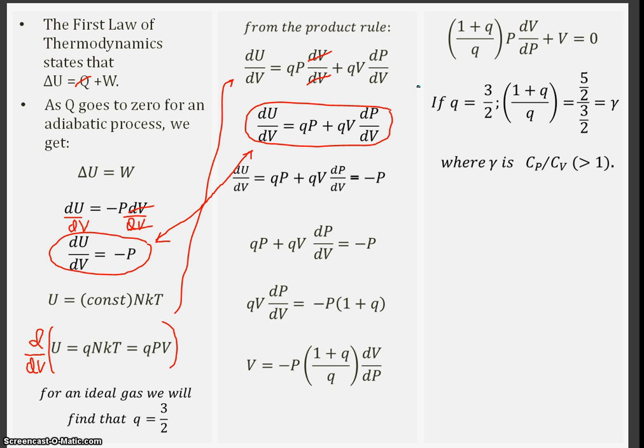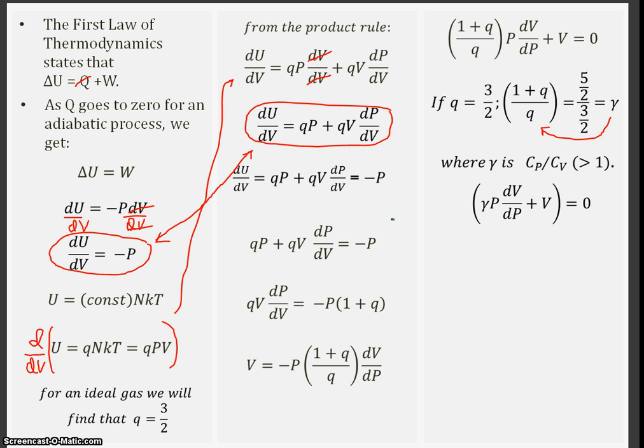So if we put in gamma for this whole term, basically substituting gamma for 1 plus Q over Q, it neatens up the equation a little bit, and we have gamma P dV dP plus V is equal to 0.